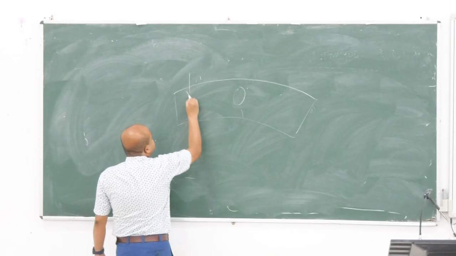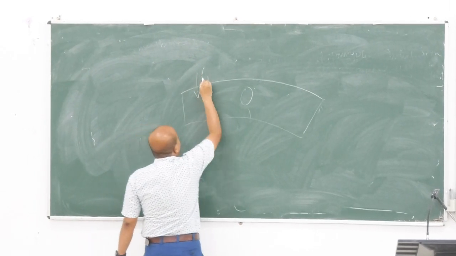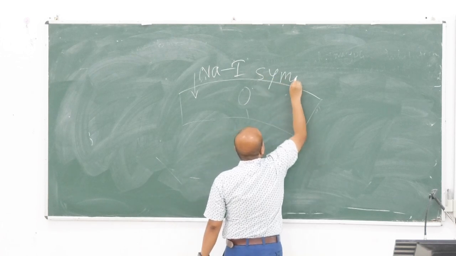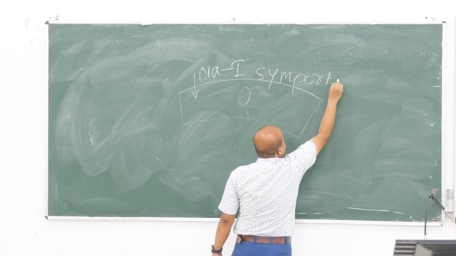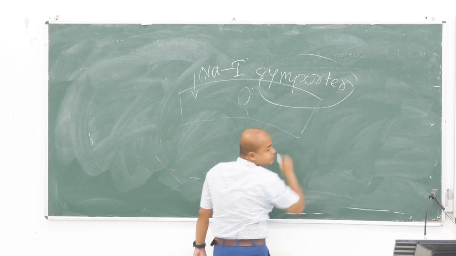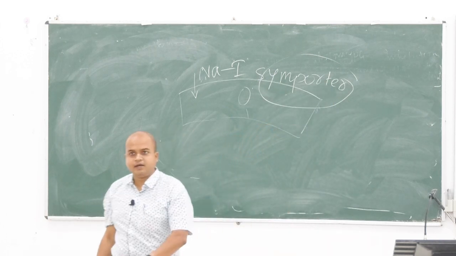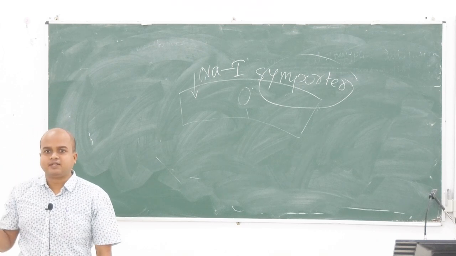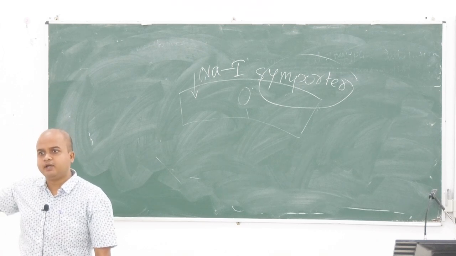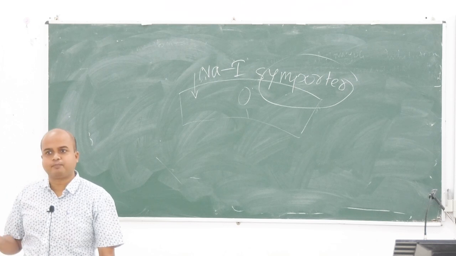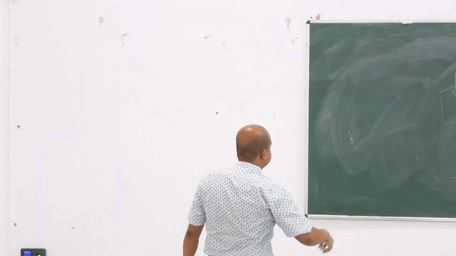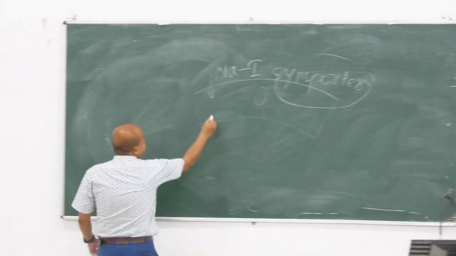So general physiology is done. You must be knowing this term, symporter and antiporter. Iodine enters the cell through the sodium iodide symporter. Sodium is also entering and iodine is entering together. Sodium iodide symporter, that is from the outside of the thyrocytes, and it goes inside the cell.